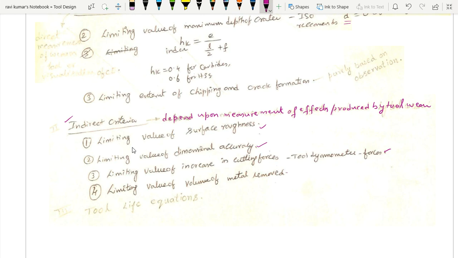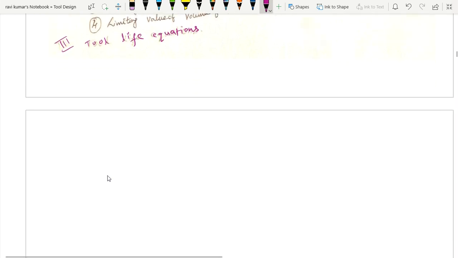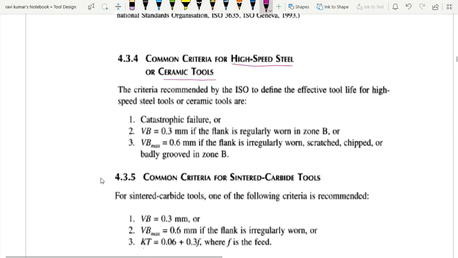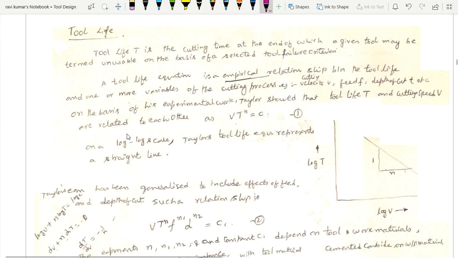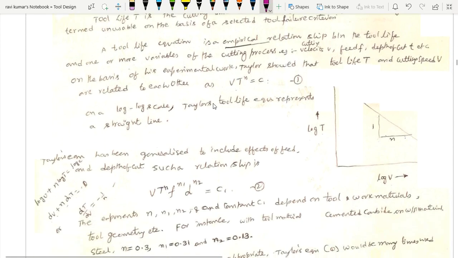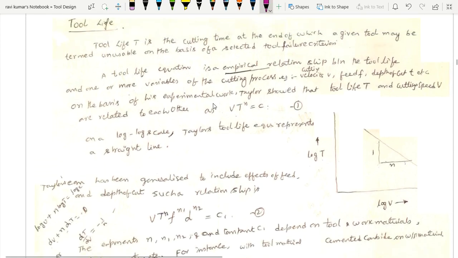The third category of criteria is nothing but the tool life equations. What are these tool life equations? F.W. Taylor has proposed that the life of the tool can be decided by looking at the relationship between the cutting variables and the tool life.